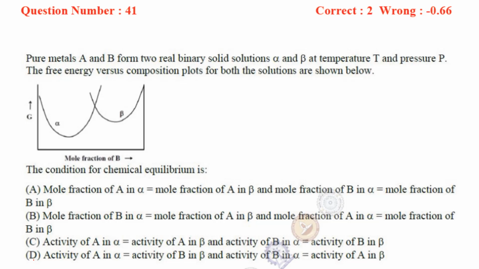When these two phases are in equilibrium, we draw a common tangent between them. Then the mu of A should be equal to mu of B. Mu means chemical potential.